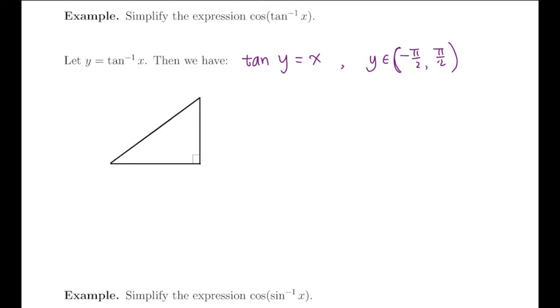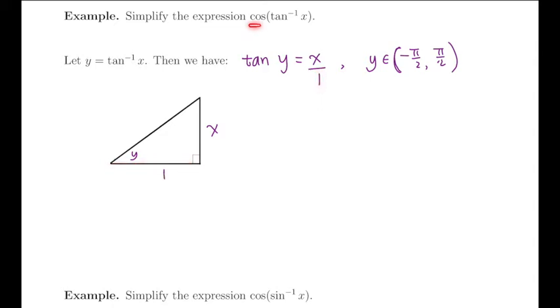Right, so if y is the angle here, tangent is this length divided by this length. So if tan y is x, we can think of x as x over 1. So we can think of this length as x and this length as 1.